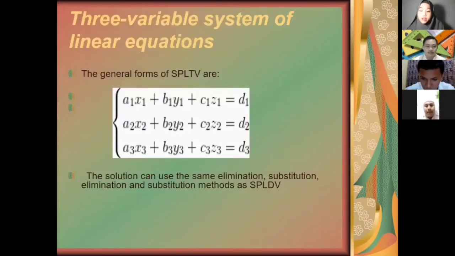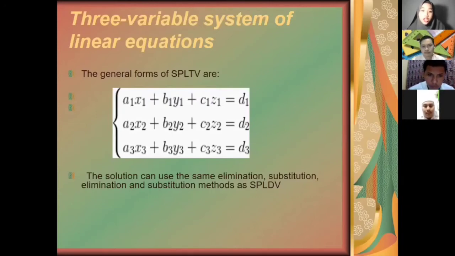Well, the general form of a three-variable system of linear equations is a1 x plus b1 y plus c1 z equals d1, a2 x plus b2 y plus c2 z equals d2, and the last is a3 x plus b3 y plus c3 z equals d3.